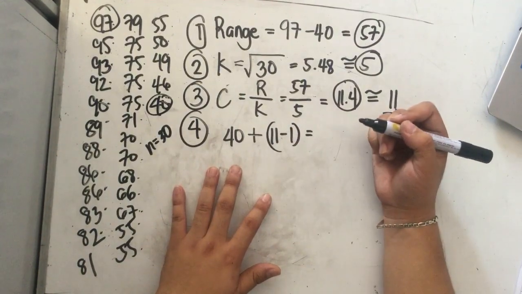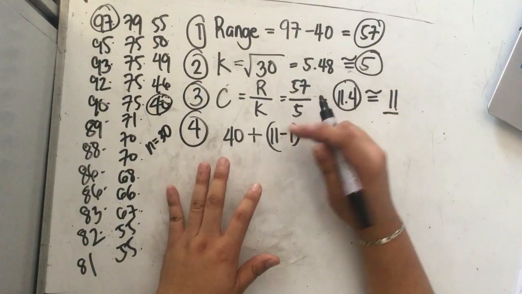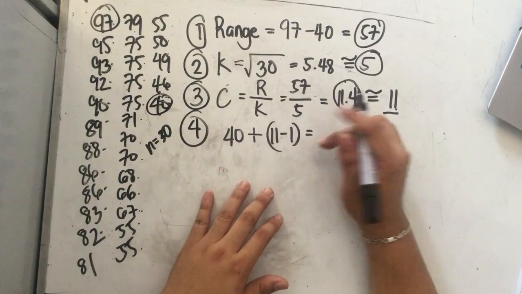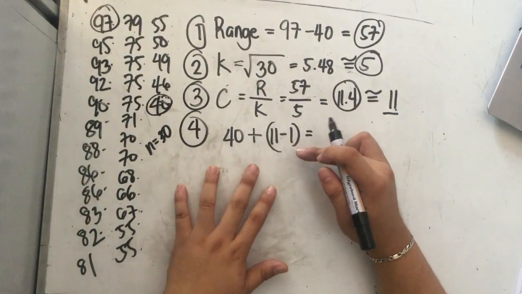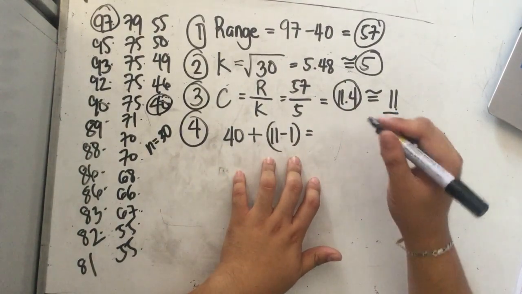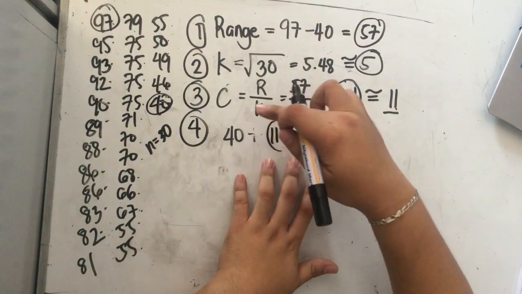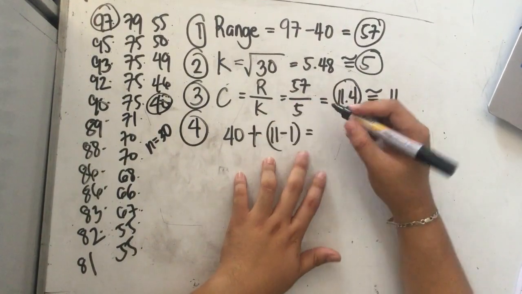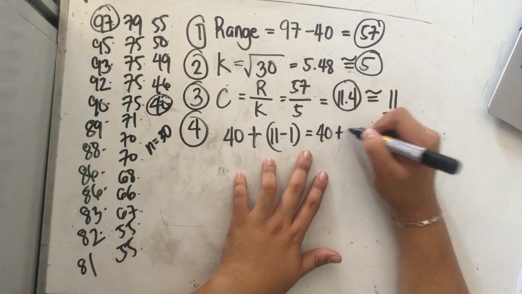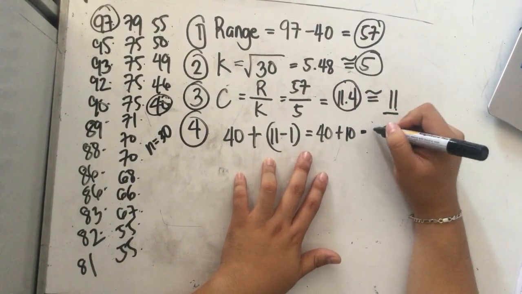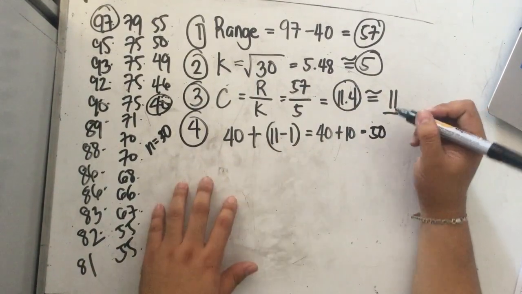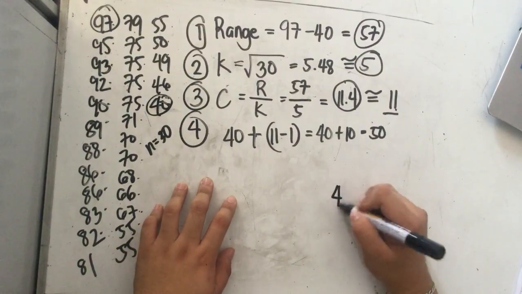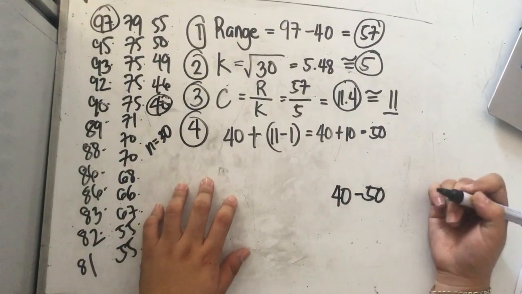Ito yung magiging first upper limit natin. So we have 40 plus 11 minus 1, which is 40 plus 10, equal to 50. Okay, so yung first interval natin is 40 to 50.